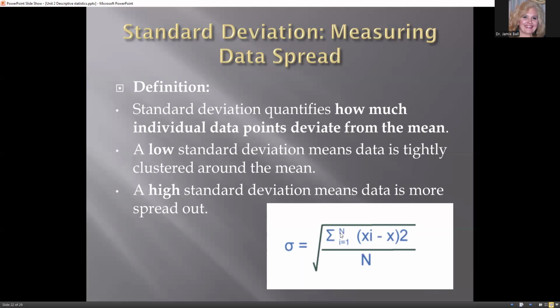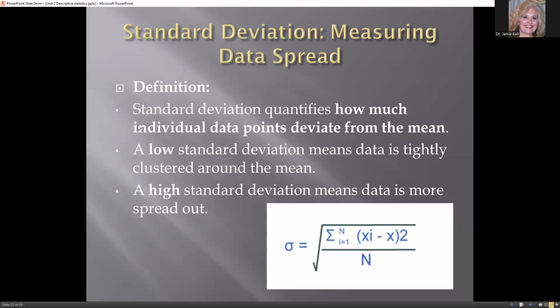This is the sum of our sample size minus how many variables we have, divided by our sample size. That's standard deviation. I let the computer calculate it for me now.